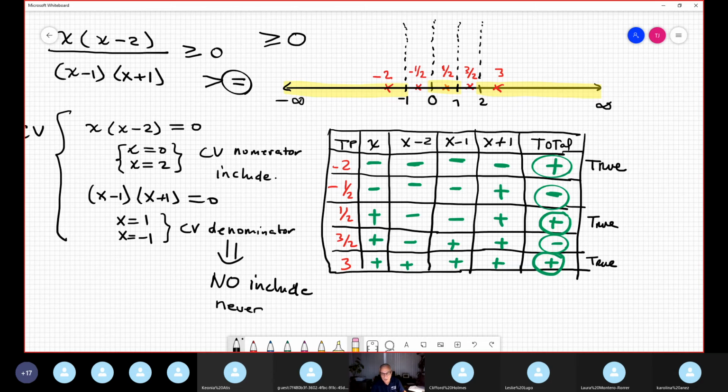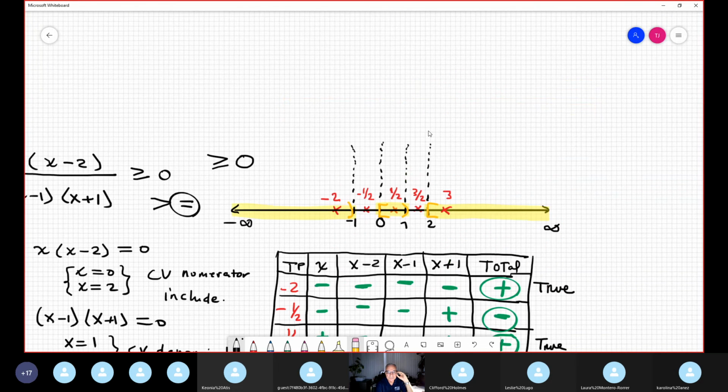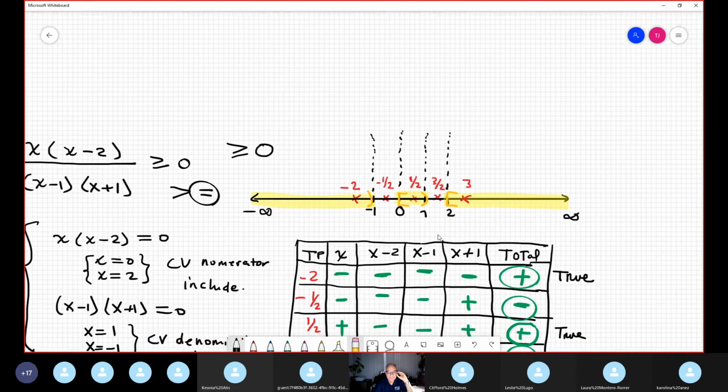So what is the symbolic way to indicate this idea? Well. 0 bracket, 2 bracket, 1 and negative 1 parentheses. Not included. What is my final answer then? Look in the graph. Well, my final answer is then here.